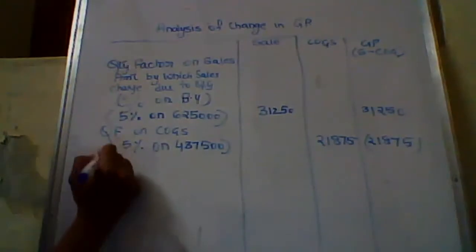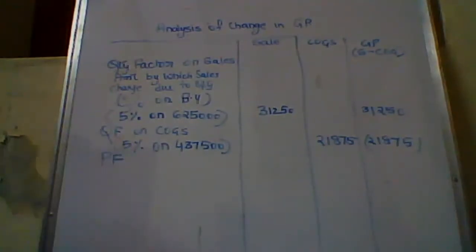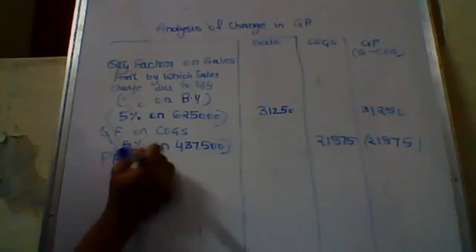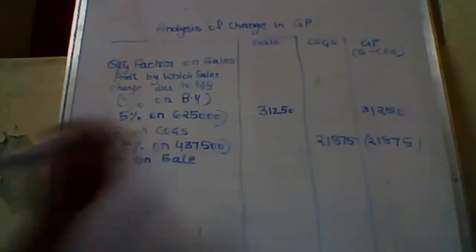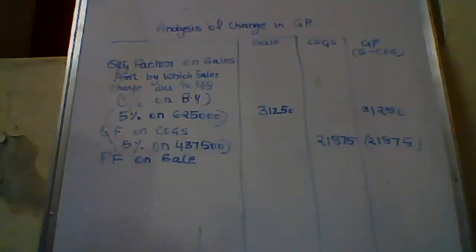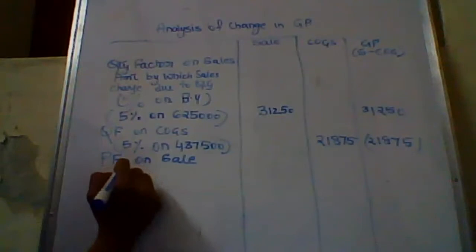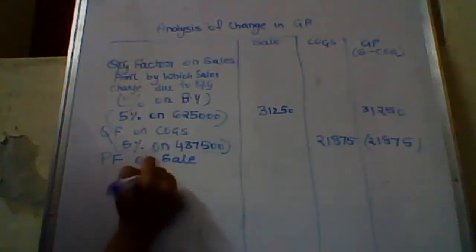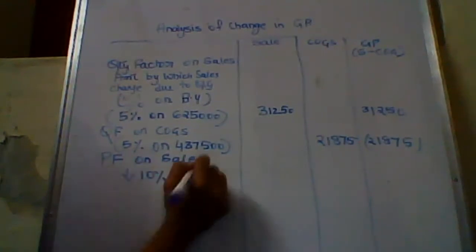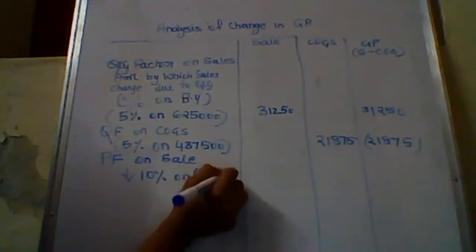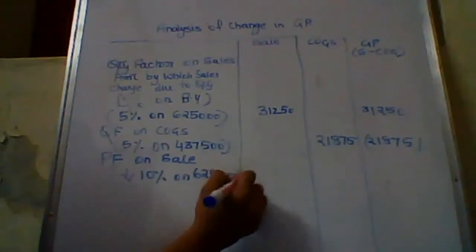Next, now we will do price factor. Price factor on what? On sales. We have seen how much the price factor changes on sales. In the problem only he gave, na, selling price is reducing by how much? 10%. So decrease 10% on 6,25,000.